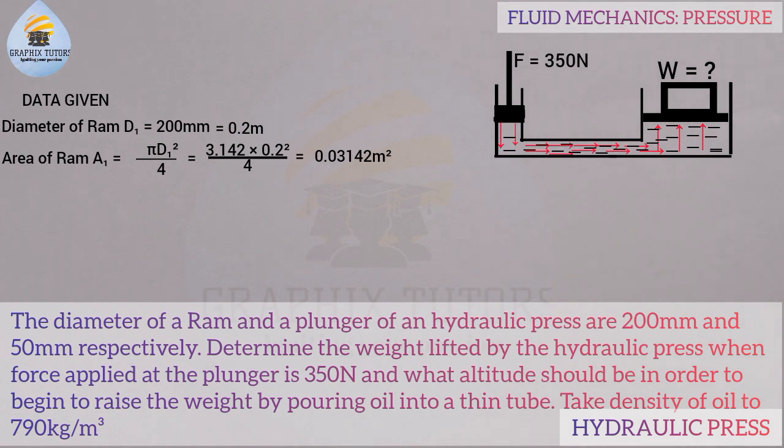Now similarly, we are given the diameter of the plunger, which we use subscript D2, given to be 50 millimeter. So you convert it into meter by dividing by 1000, and we have 0.05 meter.